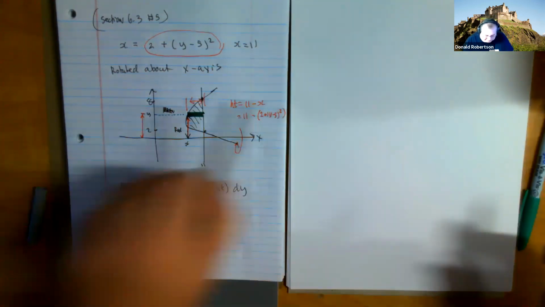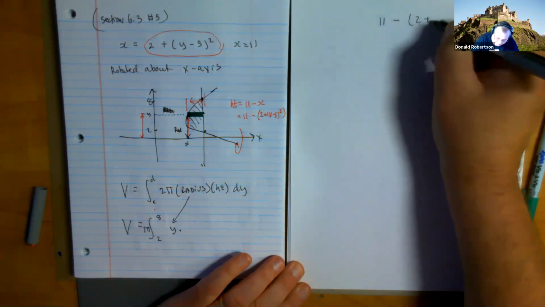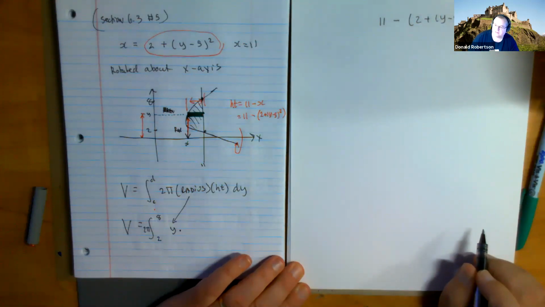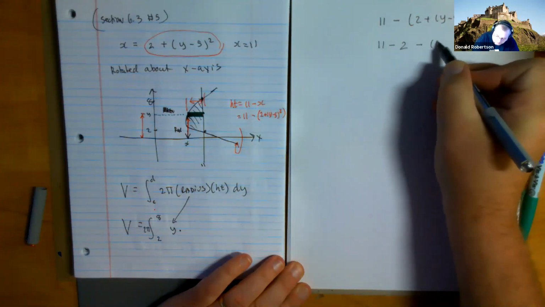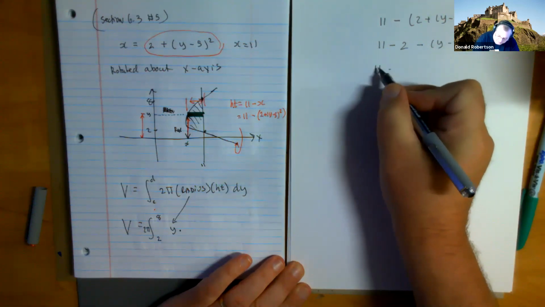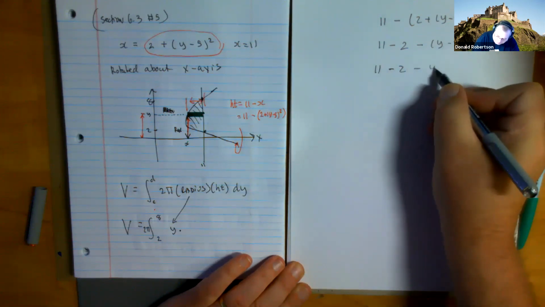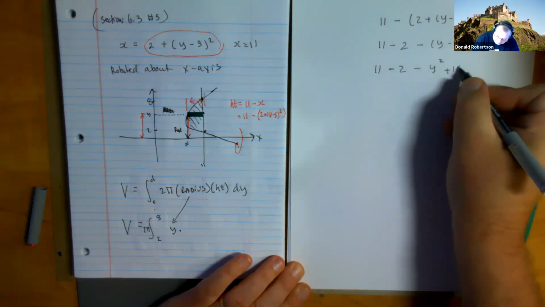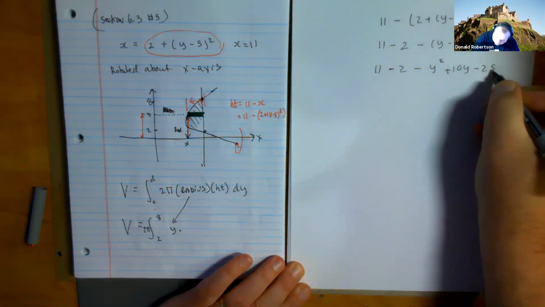Now that in itself is a little side issue, because you can make that look a lot prettier. All I'm going to do is subtract 2. I've written it, so I'll keep it. Foil that out, you get a y squared, then you subtract it. You get a negative 10y, but then you subtract it. And you get a positive 25, but then you subtract it.